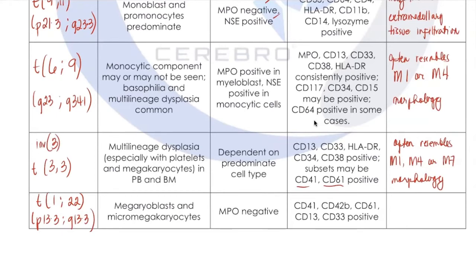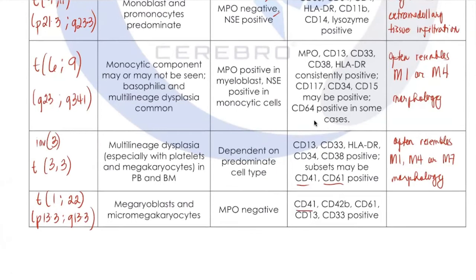Kasi yung MPO will only be positive if it is the granulocytic and the monocytic series that are affected. Okay? So since it affects the megakaryocytes and megakaryoblasts, consistently nandyan yung ating CD41 and CD61. Okay? So yan po yung ating mga AML with recurrent genetic abnormalities.